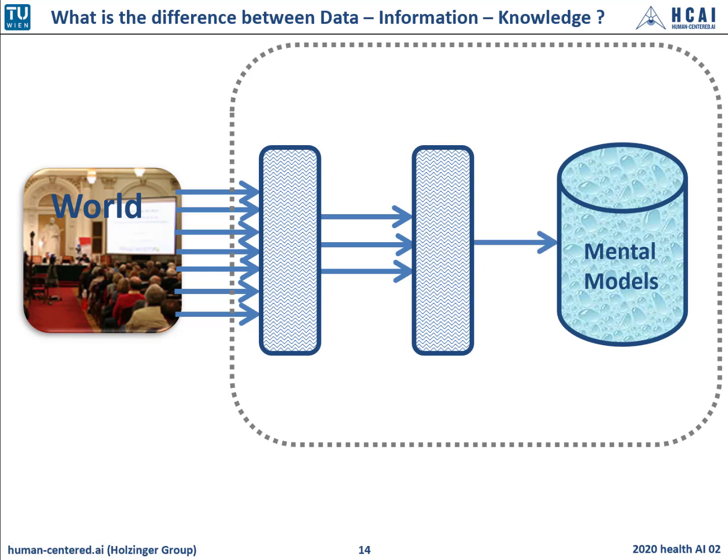second filter, and then only a fraction goes into the central or the long-term memory, where our mental models are, and where we check if the incoming perceived data is fitting into the information which we have stored as previous hypotheses.